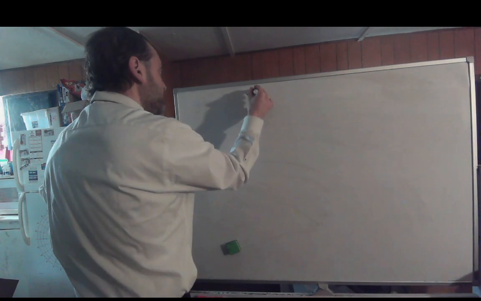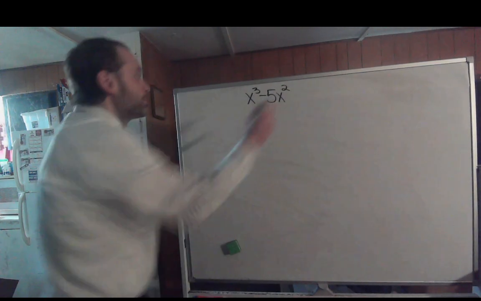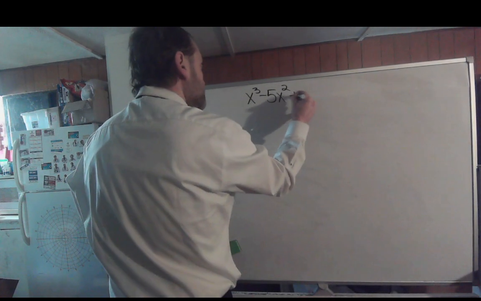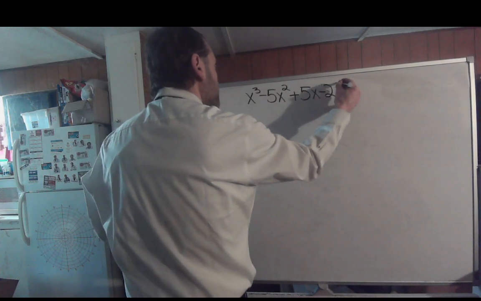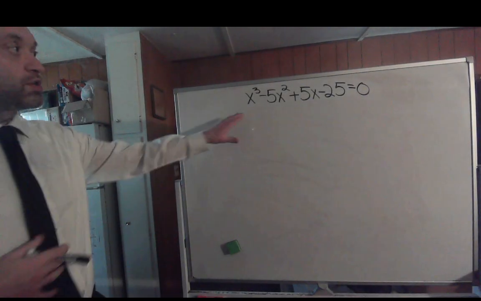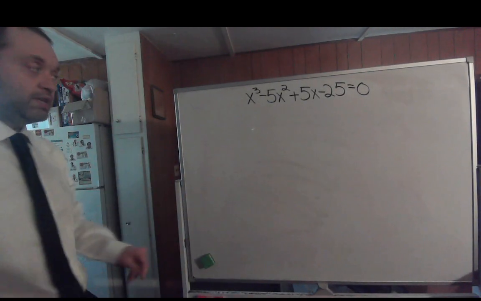Okay, let's see. X to the third minus 5x squared plus 5x minus 25 is equal to 0.